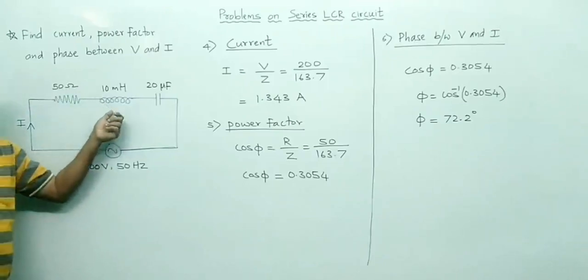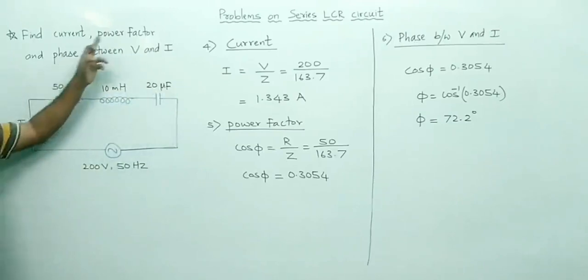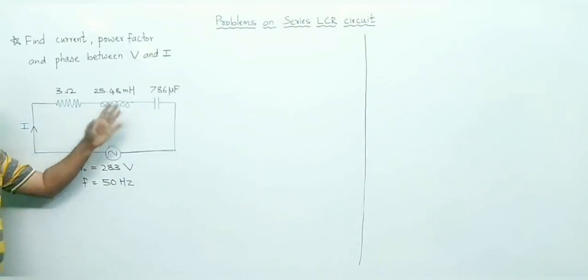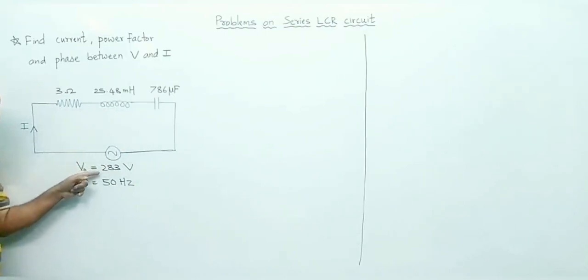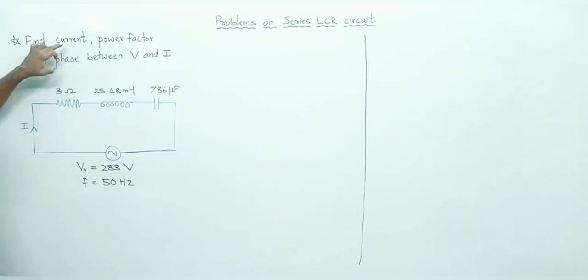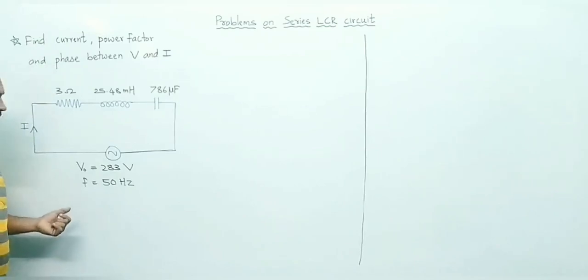So first find XL, then XC, then Z, current, power factor. And now in this second problem, students, everything is the same except voltage. Here he has given the peak value or maximum value of voltage, that is 283 volt. In a problem, if I am asked to find current, it will always be the root mean square value, that is the RMS value of current.